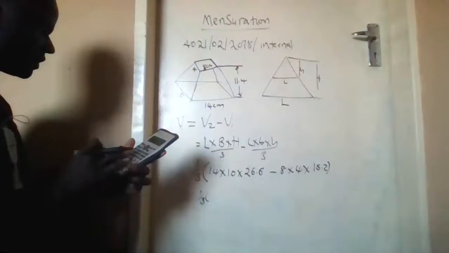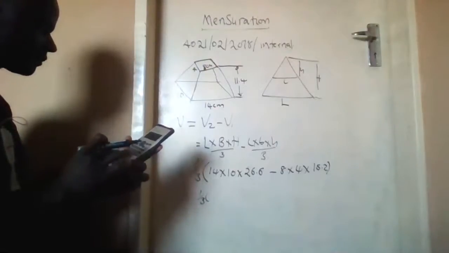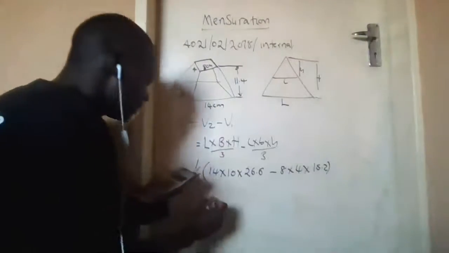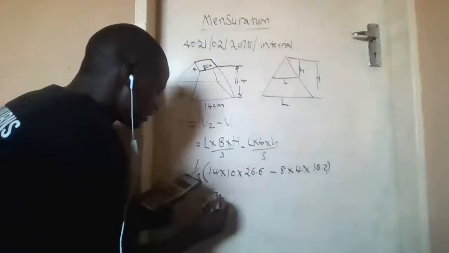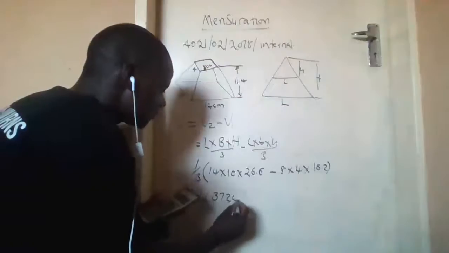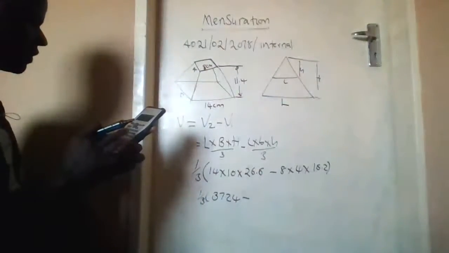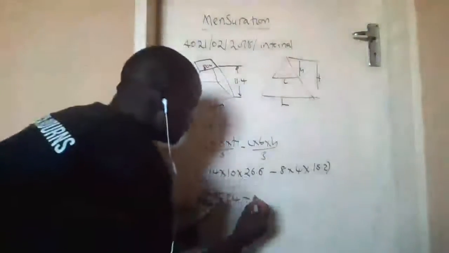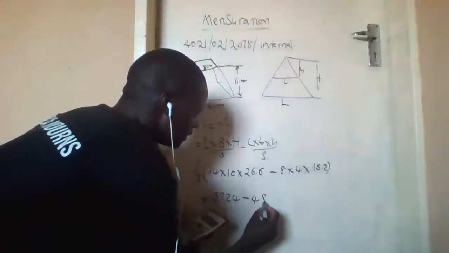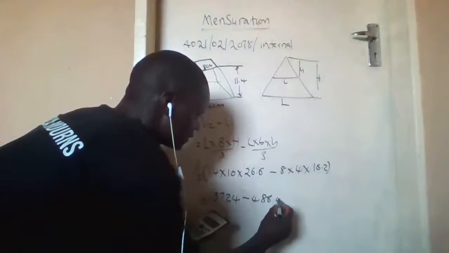14 times 10 times 26.6 will give us 3724. Minus 8 times 4 times 15.2 gives us 486.4.